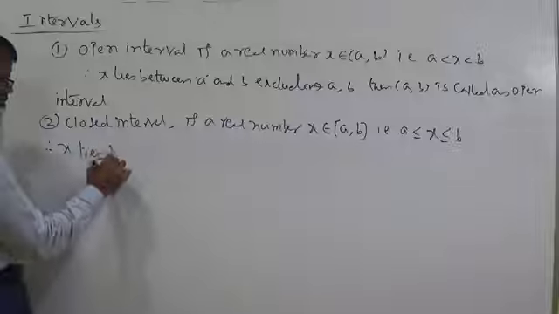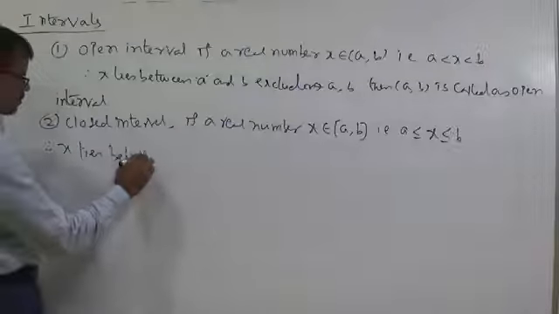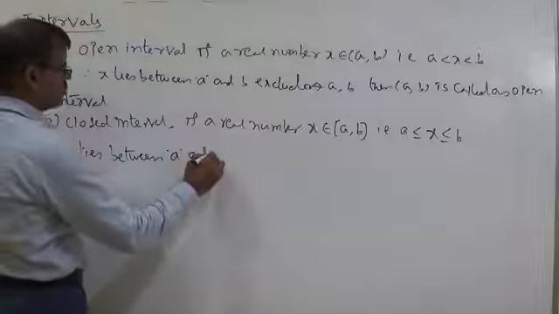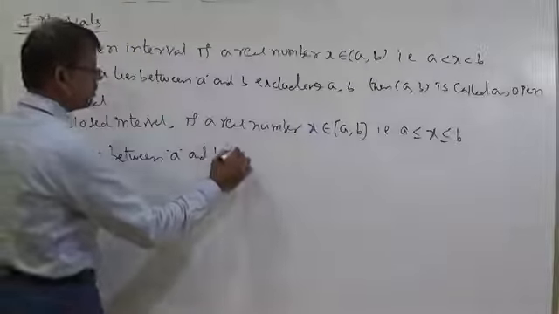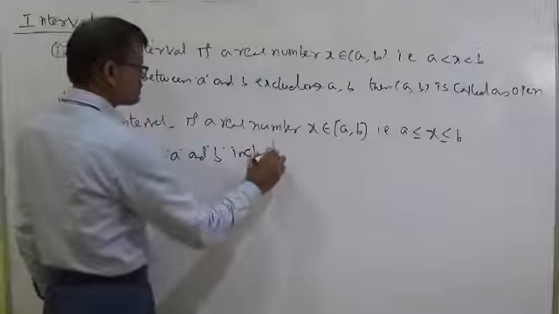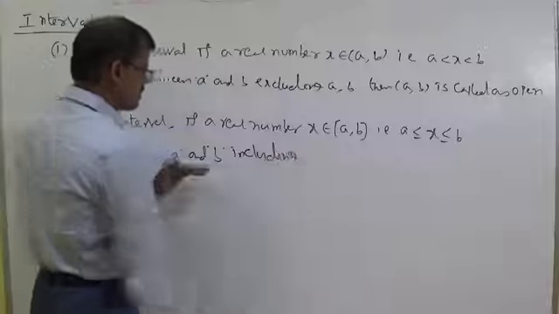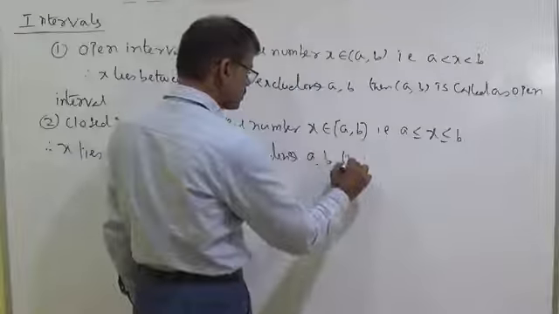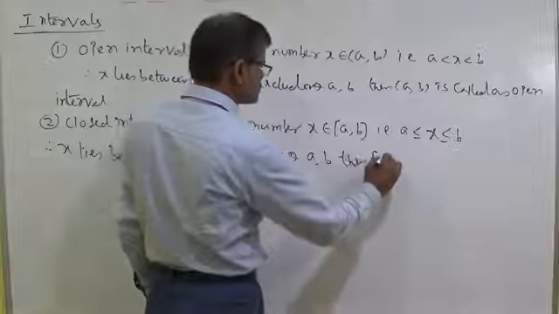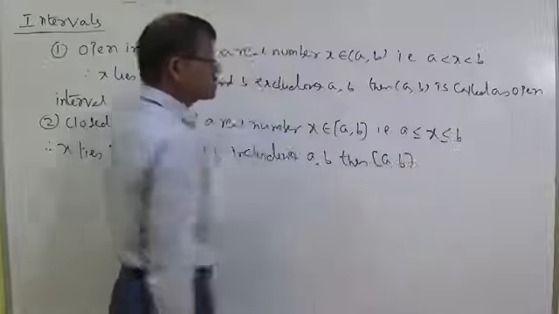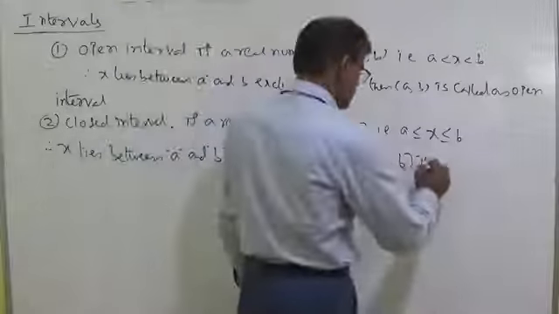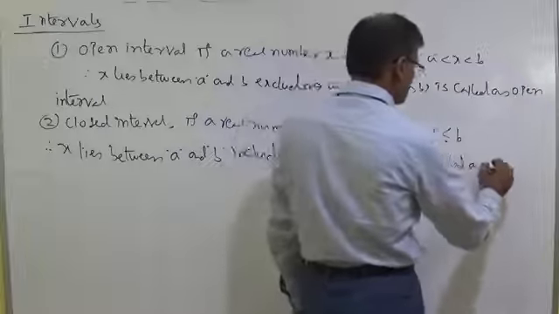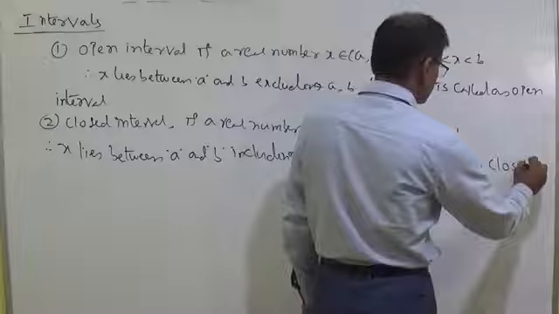x lies between a and b, including a, b. Then this square bracket or matrix bracket [a, b] is called a closed interval.